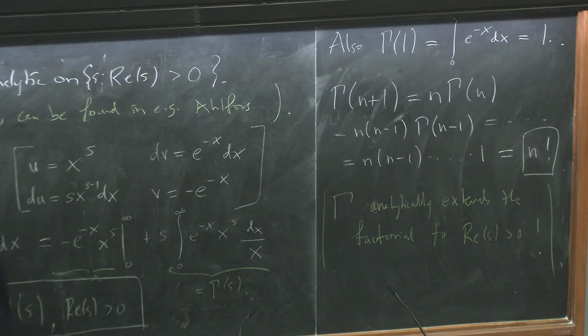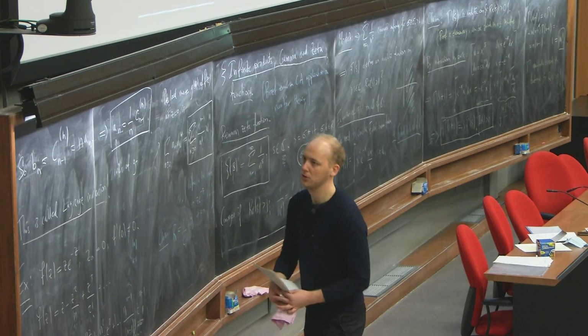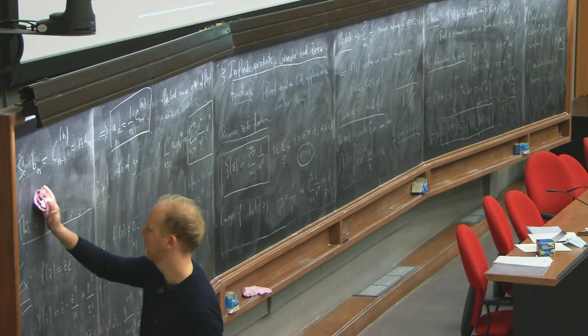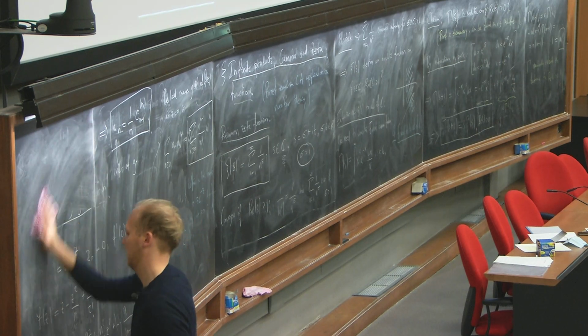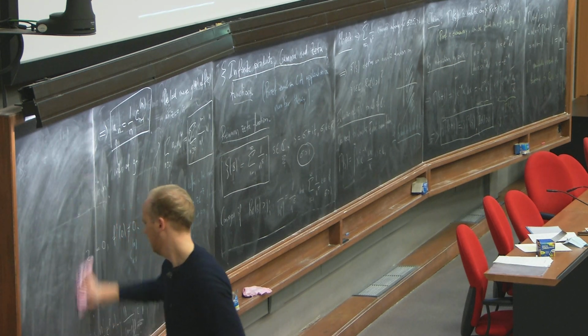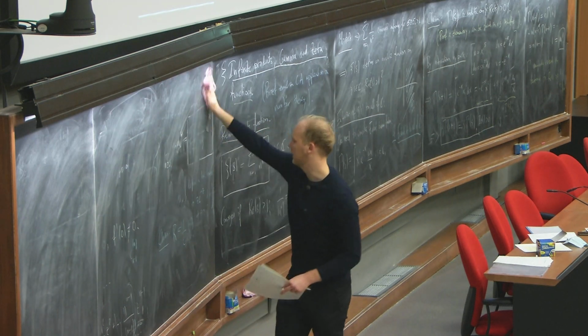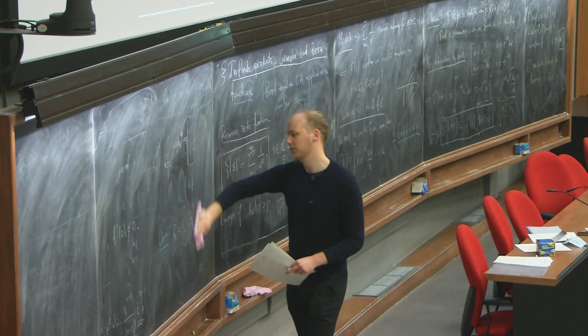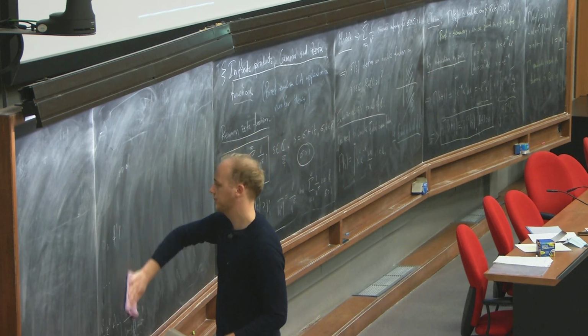But it is not all that we will need in order to do what we want to do for the zeta function, because ultimately that's what we are most interested in. The reason why we are talking about this gamma function is that there is a very nice relation between the gamma and the zeta functions, which will be useful to us.